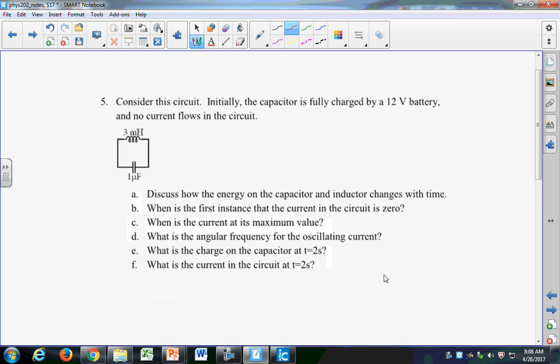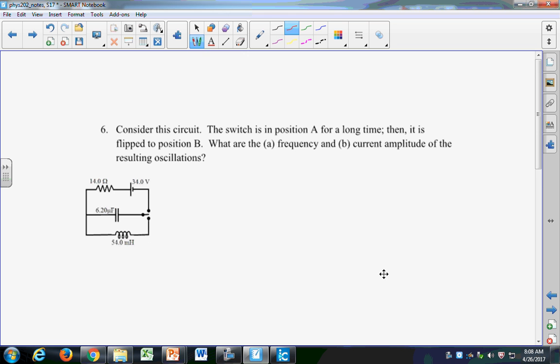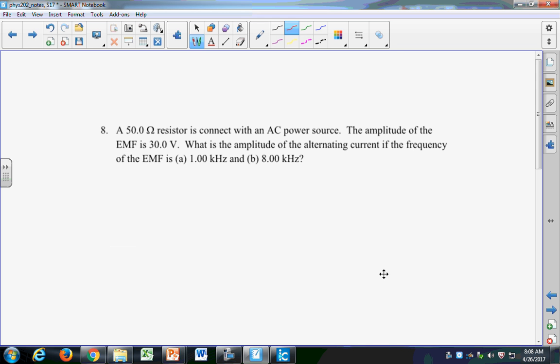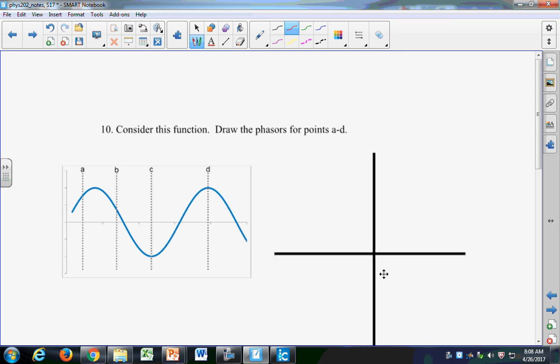You'll have that. That's your LC circuit. You'll have this. That's your LR circuit. Okay, you're not going to have this. Number 8, you won't see that.